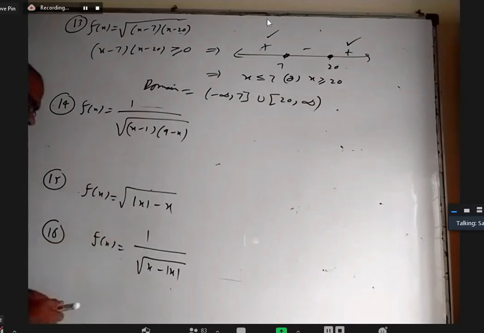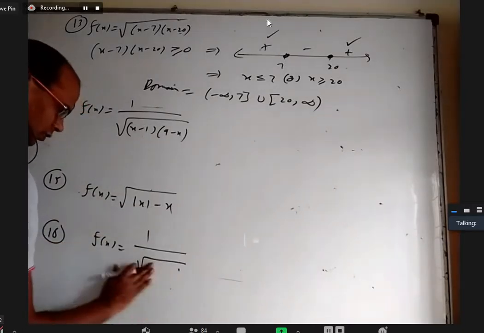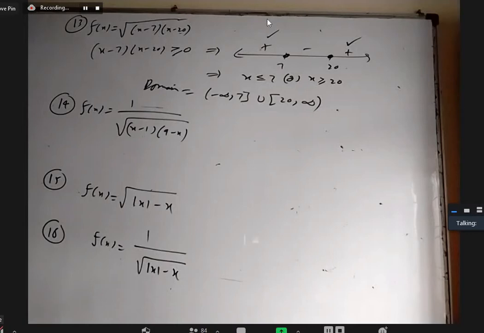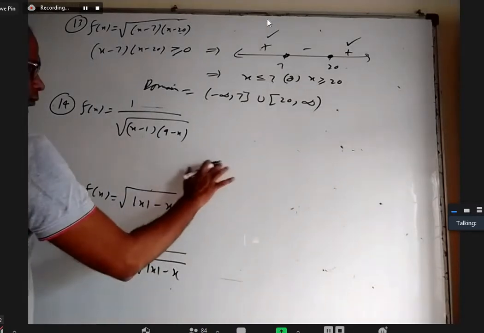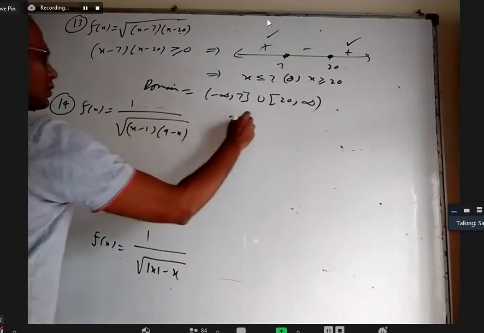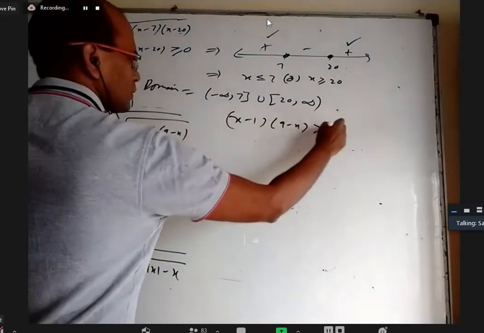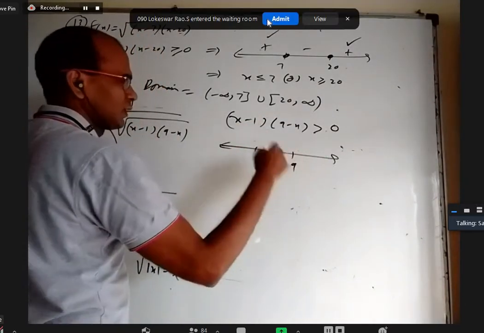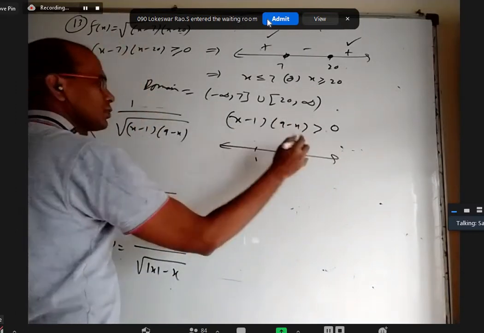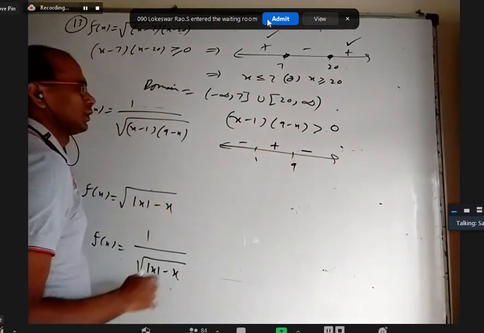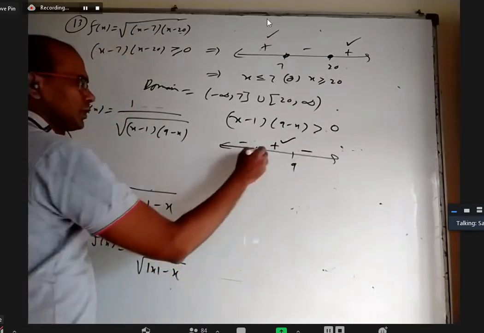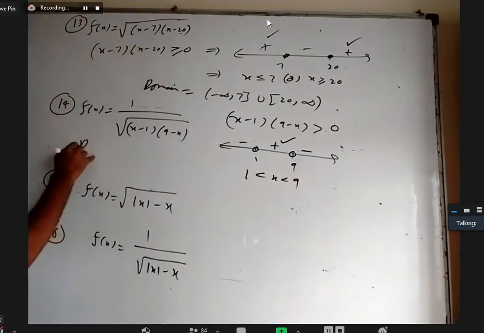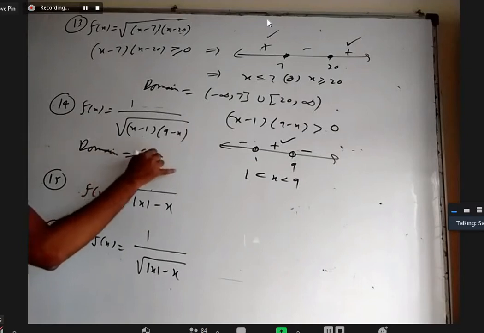This is 1 by square root of mod x minus x. For this, x minus 1 into 9 minus x should be greater than 0. Equal to I should not take because this is in the denominator. When I take the number line with 1 and 9, anything more than 9 is negative. So it is negative here, positive here, negative here. I want it to be positive, which is here. That is open interval only. So 1 less than x less than 9. So domain is equal to open interval 1 to 9.